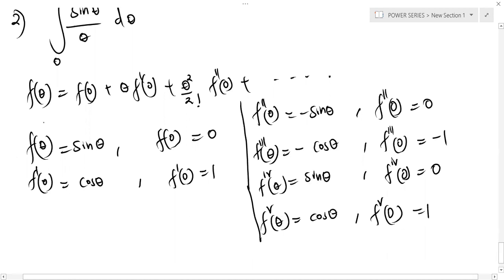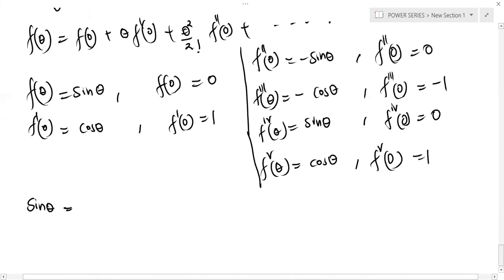So replacing these values back into the formula, the power series of sine theta is given by f0. So we start by writing the value f0, which is 0. We don't have to write that. Plus theta f prime of 0. Our f prime of 0 is 1, so we'll just have theta here.